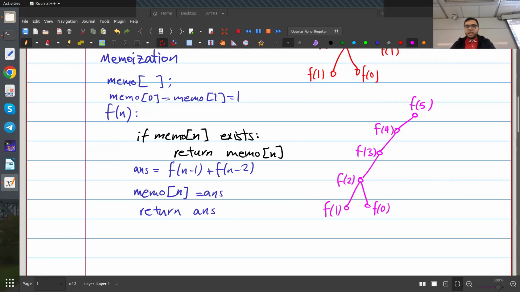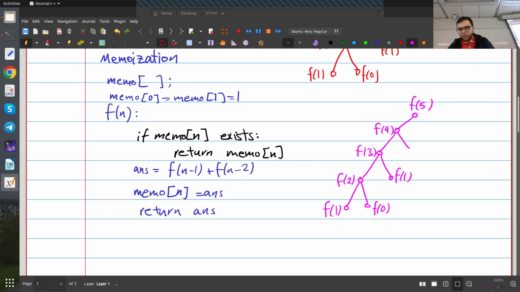And when I have f of 1 and f of 0, I can calculate f of 2, and then that's added to my memo, so I will never calculate f of 2 again. So I come back here, I have f of 3. It calls f of 1, but that's already in the memo. So it reads basically these two, adds them together. So now I have f of 3. I write f of 3 in my memo. I go to 4.